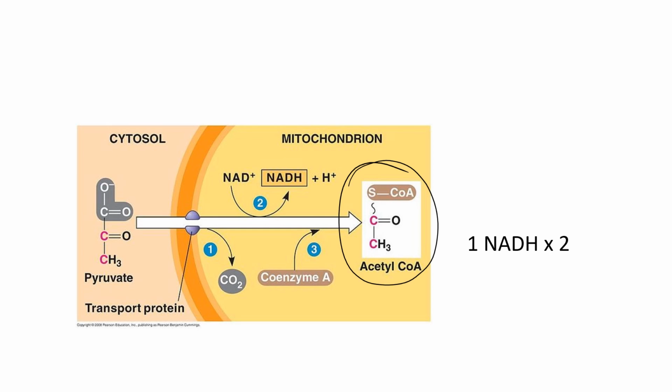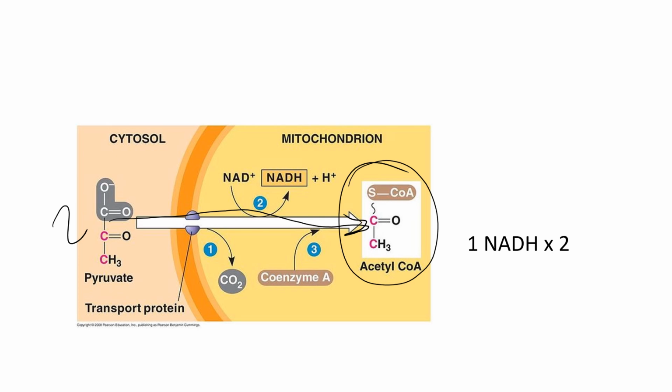Before I say anything about how we convert pyruvate to acetyl-CoA, I want to mention when we broke down glucose in glycolysis, remember we got 2 pyruvates, right? So we're going to turn 2 pyruvate molecules each into an acetyl-CoA. So this isn't just happening once, this is happening twice. 2 pyruvate molecules are made in glycolysis. Okay, so how do we turn pyruvate into ultimately acetyl-CoA?